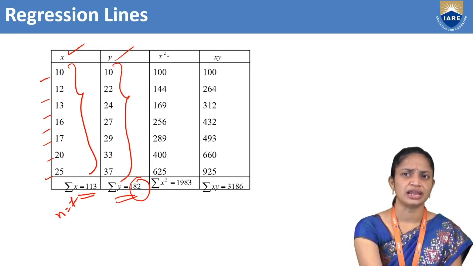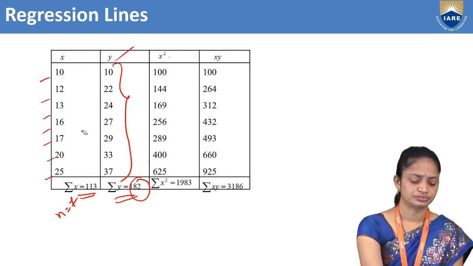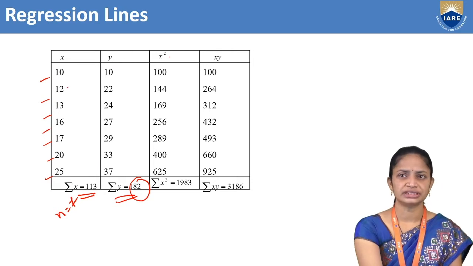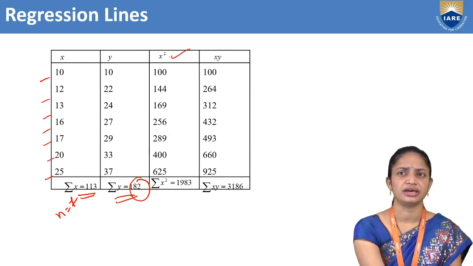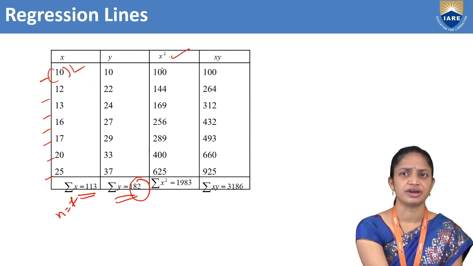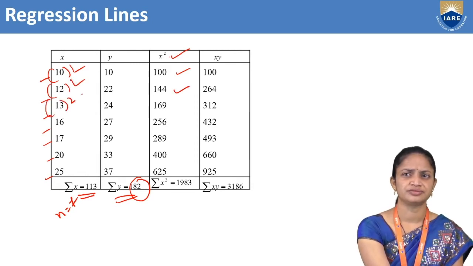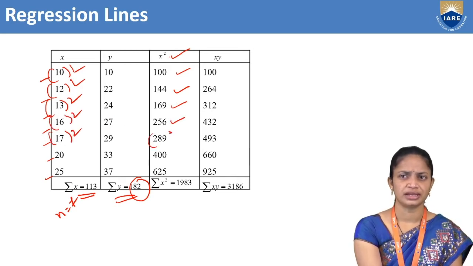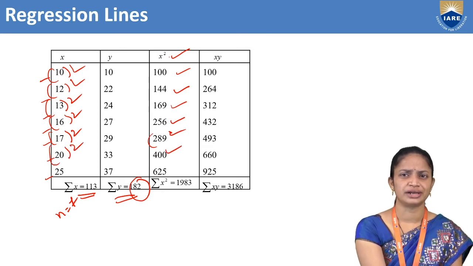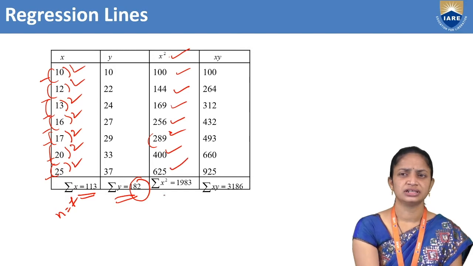Next we need to calculate x square. Here 10, 12, 13 are the x values. So 10 square is 100, 12 square is 144, 13 square is 169, 16 square is 256, 17 square is 289, 20 square is 400, 25 square is 625.